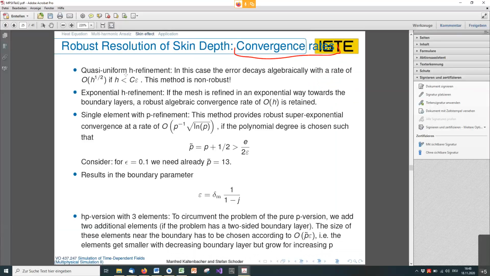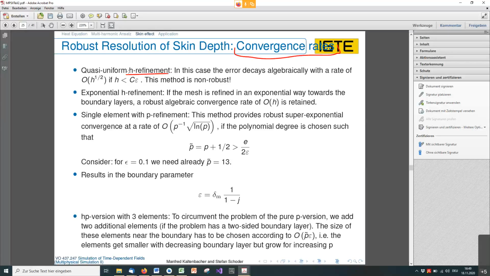So if we have an eddy current boundary layer problem and we would just do H refinement, the error decays, but the method is actually not working robustly. So H refinement is not the way we go.